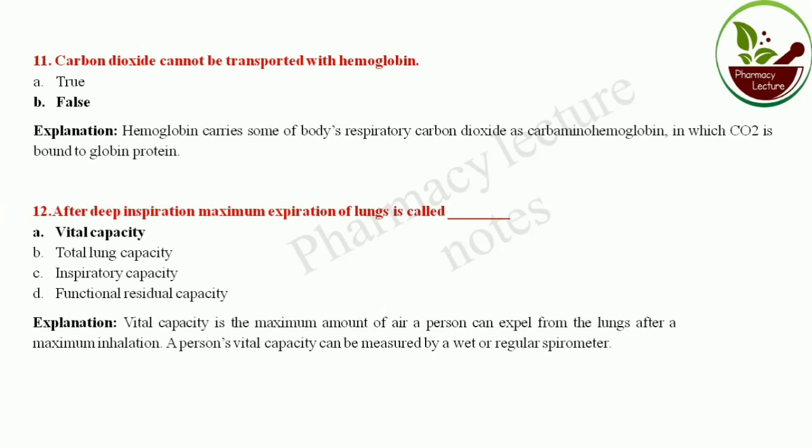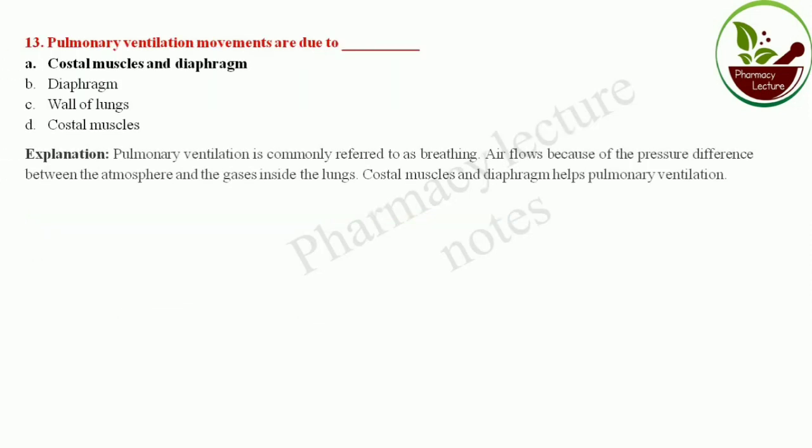After deep inspiration, maximum expiration of the lungs is called vital capacity. Vital capacity definition is the amount of air a person can expel from the lungs. Then pulmonary ventilation movements are due to costal muscles and the diaphragm.